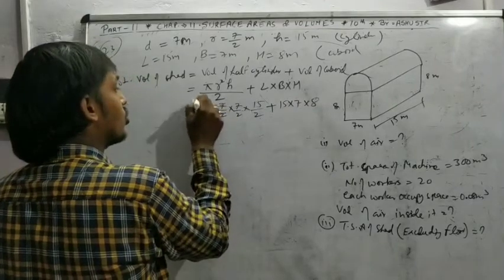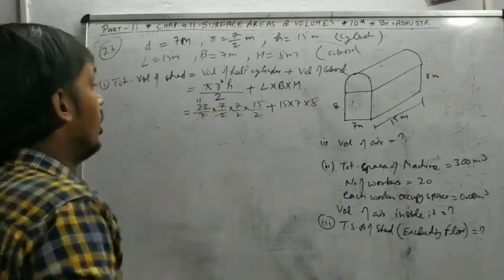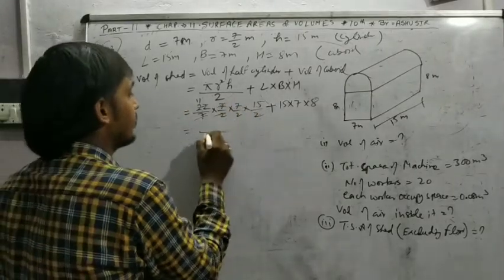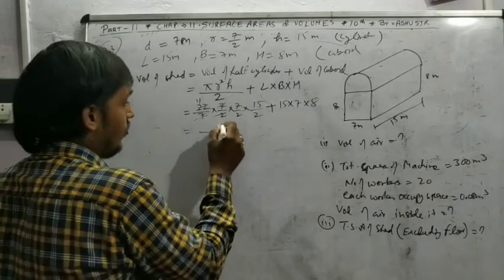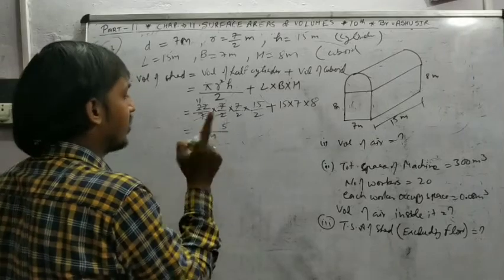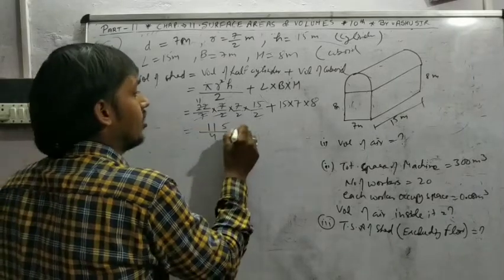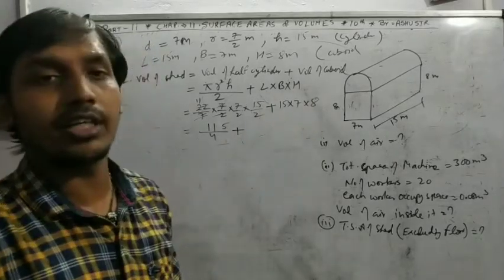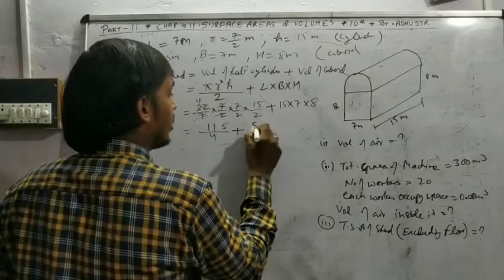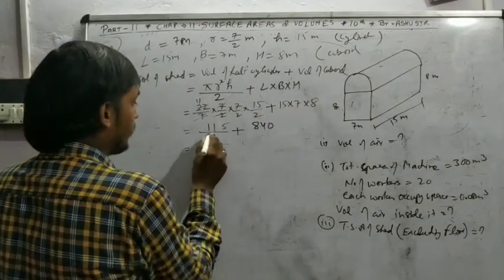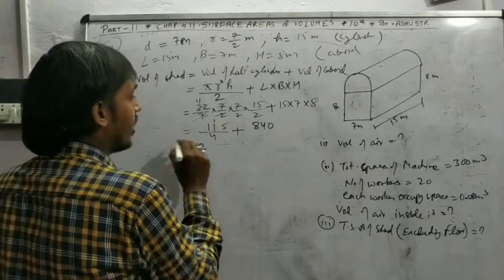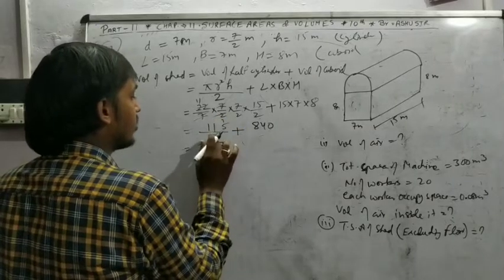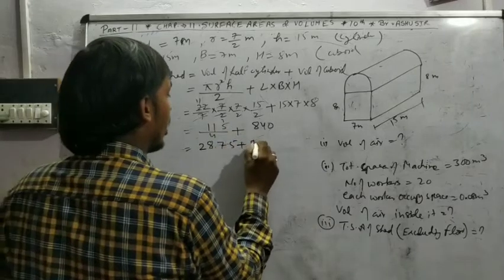7 cancel, 2 11 cancel, then 11 7s are 77 into 15, 15 7s are 105, plus 105, 15 8s are 120, and 120 into 7 is 840.